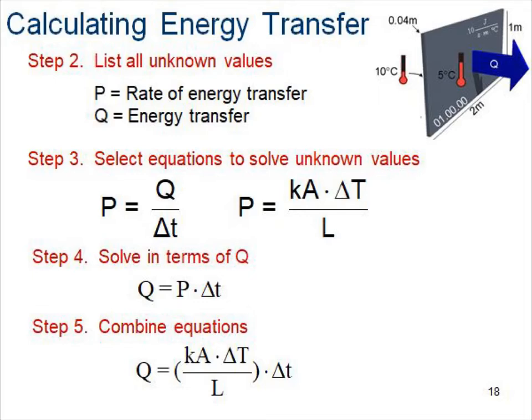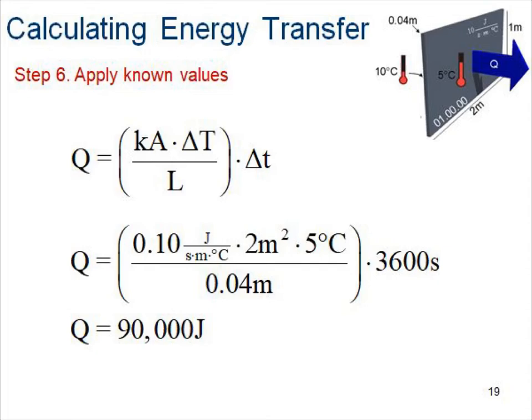So step 4, we can solve for Q by manipulating that first equation. If I cross multiply, I get Q equals P times delta small t. And then I can replace P with the second formula, K times A times delta big T divided by L. So step 6 is to apply our known values so that we can solve for Q, which is the amount of energy being transferred. So K, remember, is the thermal conductivity, which is 0.10.